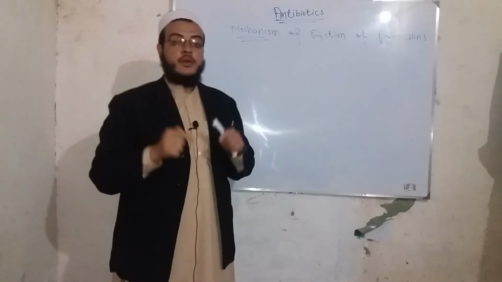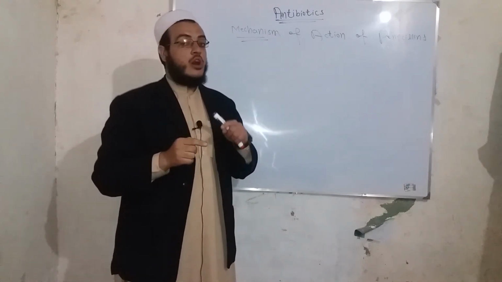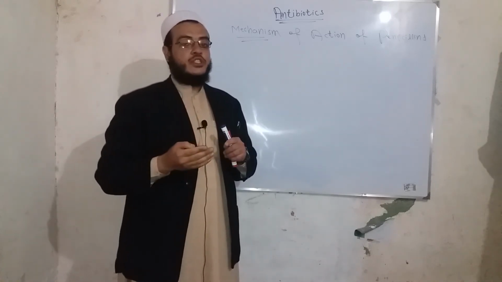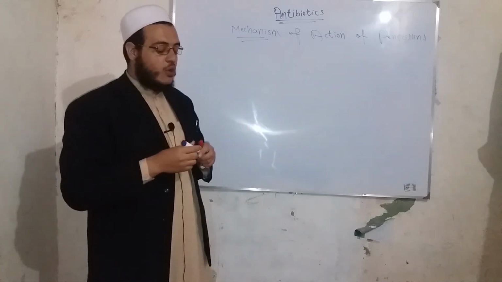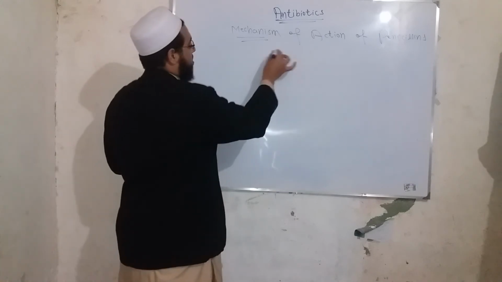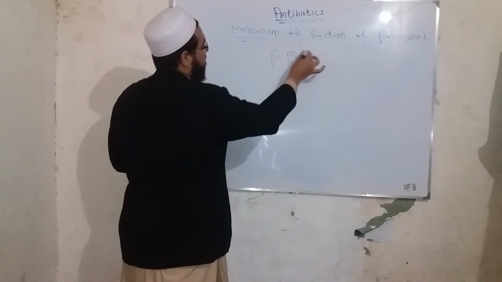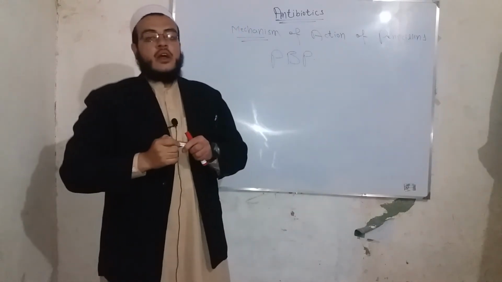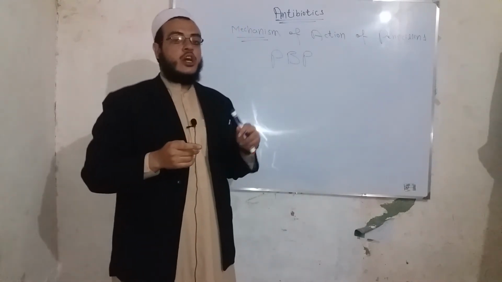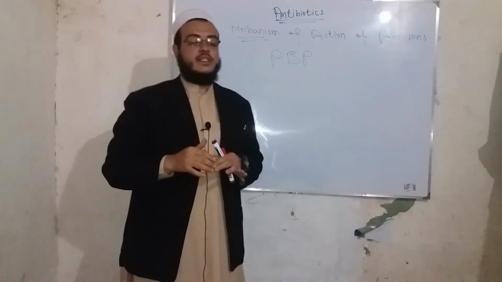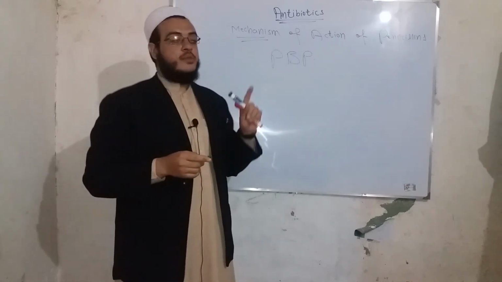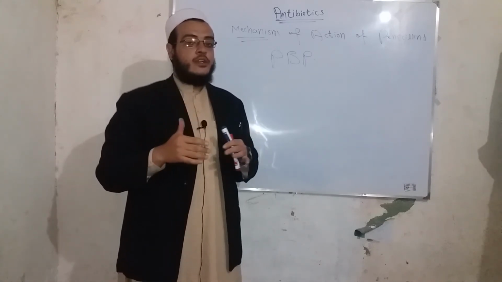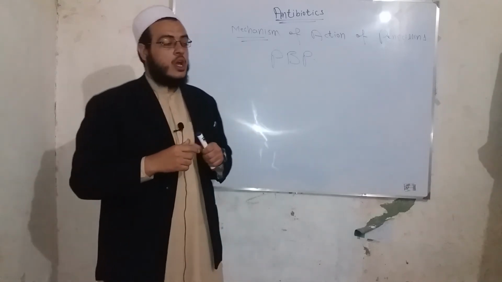Penicillins inhibit the bacterial cell wall synthesis by binding and inactivating the proteins known as penicillin binding proteins, and block cross-linking of the cell wall. This results in lysis of the cell wall due to high internal osmotic pressure.